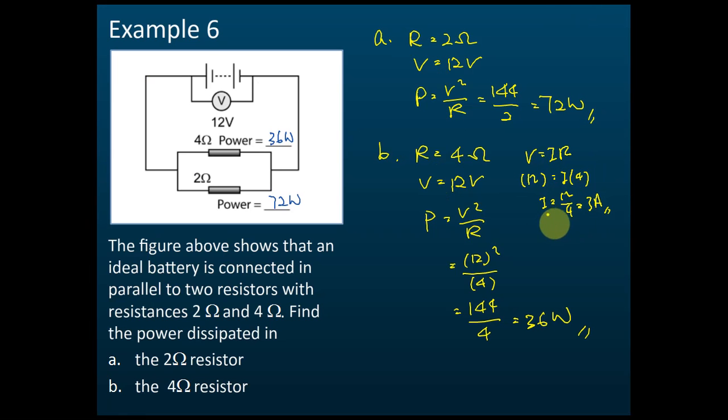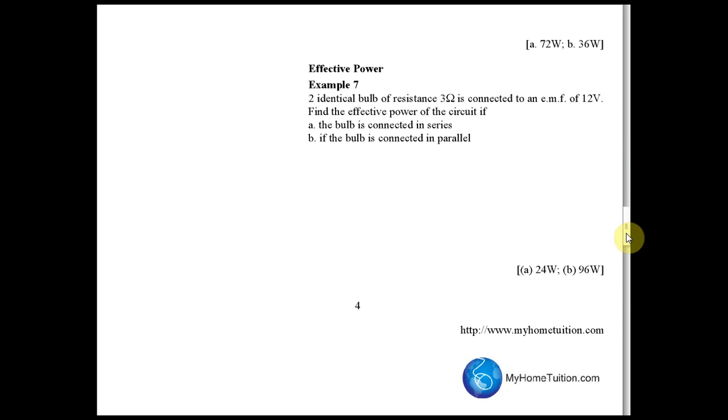Now you have your I already, so I can use P equals IV to find my power. I equals 3 and V equals 12, so my power equals 36 watt. You can still get the same answer. So either P equals IV, P equals I squared R, or P equals V squared over R, all will give you the same answer.